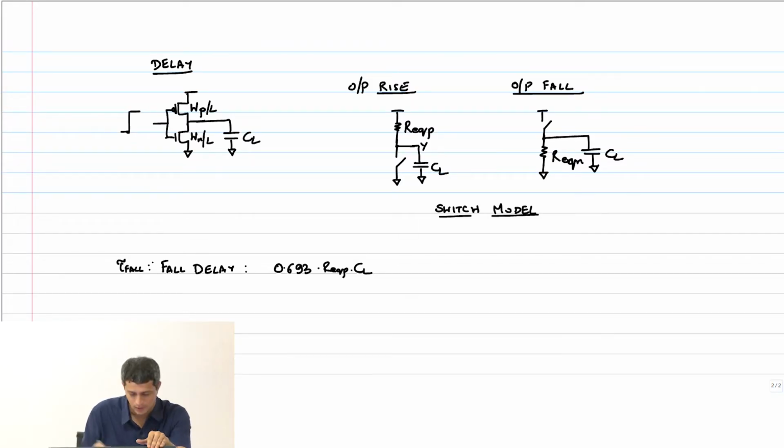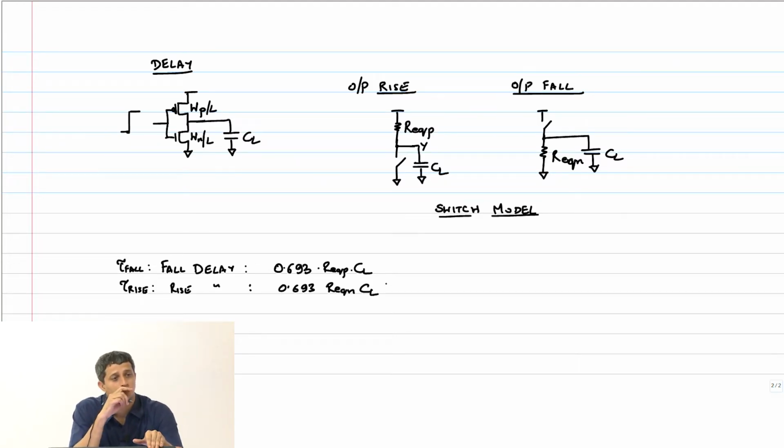Right? Now similarly, what's the rise delay? It is 0.693 R equivalent P into CL. No, you are right, this is N and this is P.